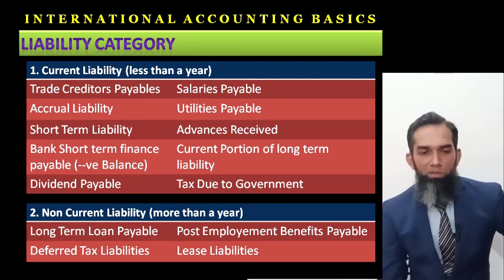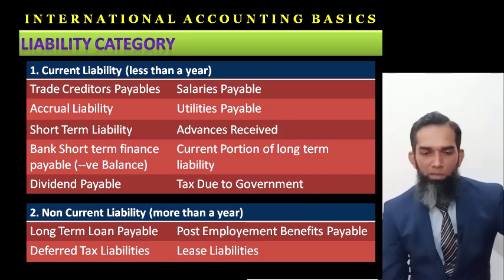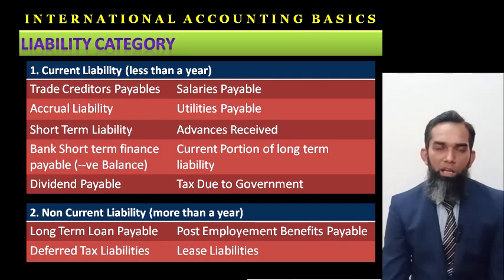Current liabilities are the trade creditors payable, salaries payable, accrual liabilities, utility payables, short-term liabilities, advances received, bank short-term finance, dividend payable, current portion of long-term liability, and tax due to government. As I told earlier, current liability belongs to the 1 year.